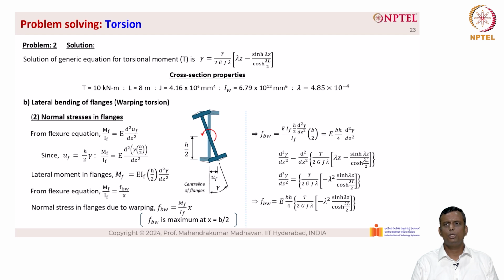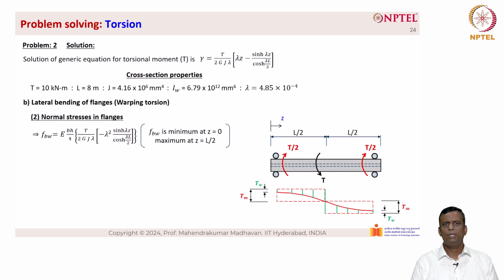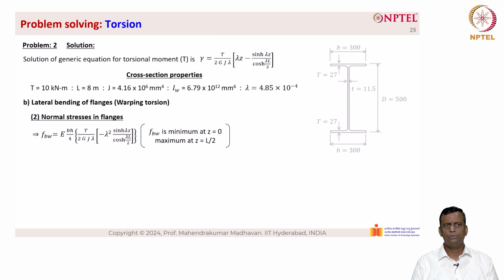So fbw equals E into bh by 4 into T divided by 2GJ into minus λ² into sinh λz divided by cosh λL by 2. So here fbw is minimum at z equal to 0 and maximum at L by 2, which is basically the normal stress being maximum at L by 2.